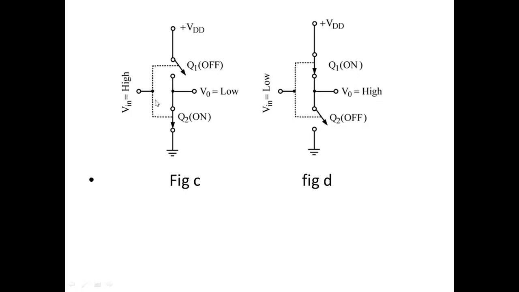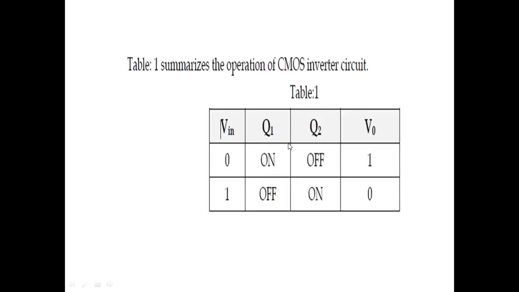That means whatever the input we are giving to this CMOS circuit, you will get an inverted output. That means the output is inverted to the input. High becomes low, low becomes high. It is shown in the table.